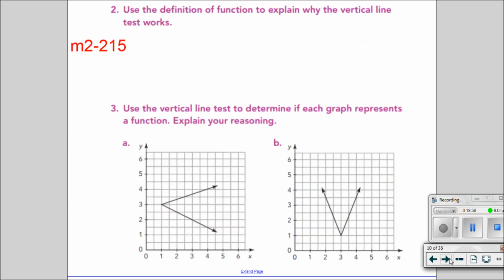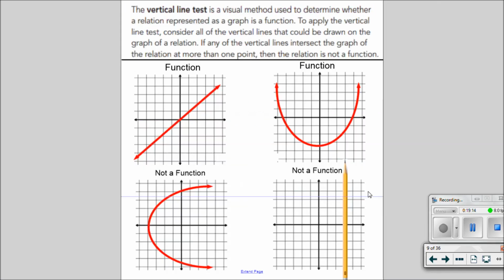So you're going to have a chance here to practice this. On page 215, I'm going to give you about a minute here. You're going to answer questions 2 and 3. So 2 says, use the definition of a function to explain why the vertical line test works. So what you were thinking about is, what does it mean when the pencil is hitting the line twice? What is that saying about our values?